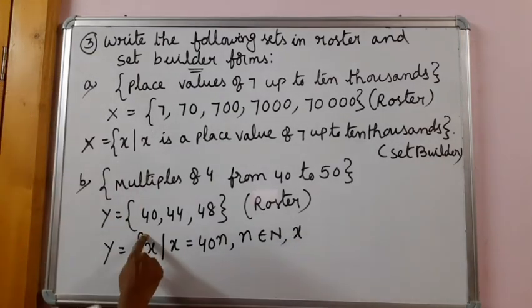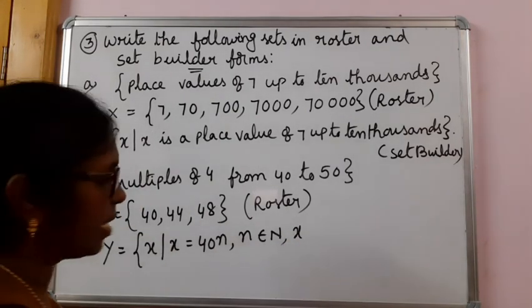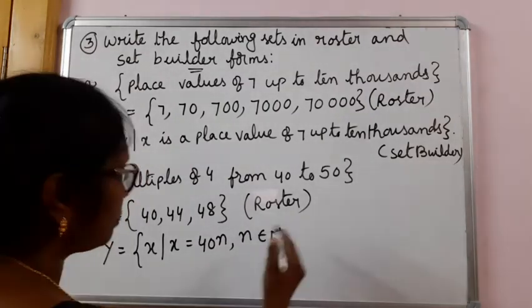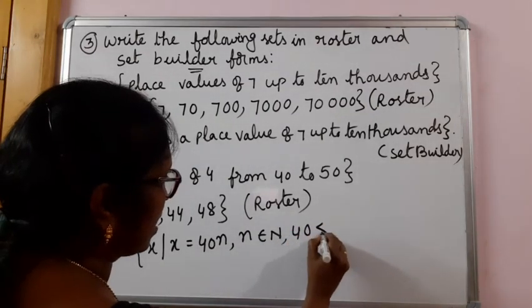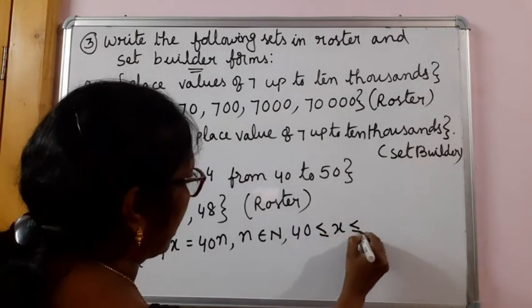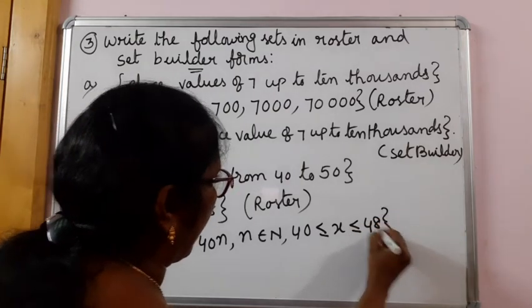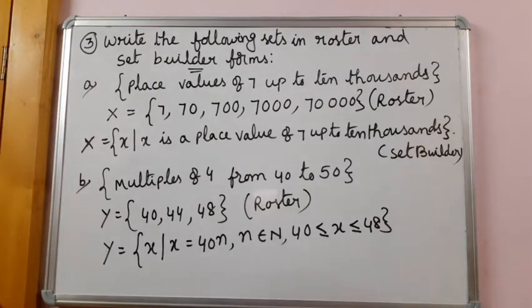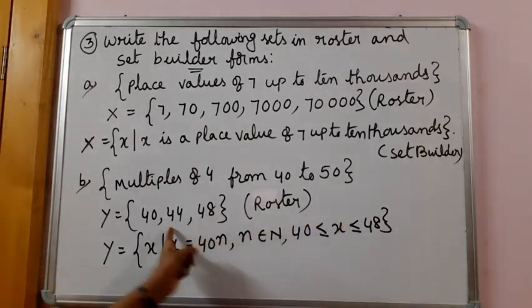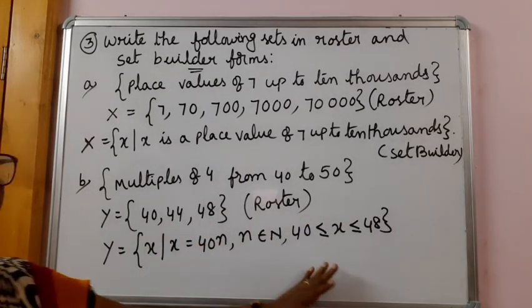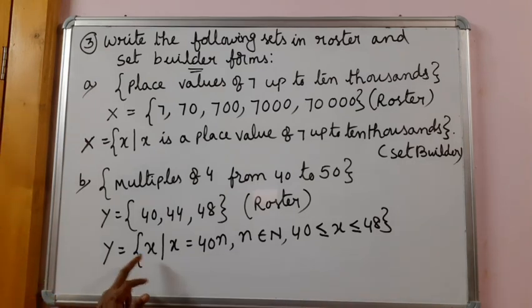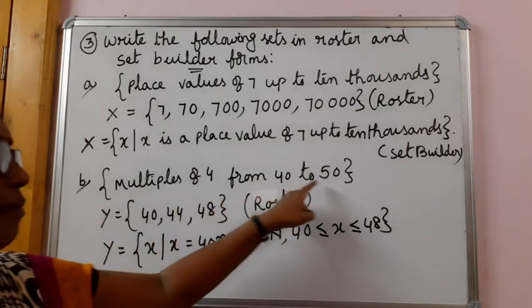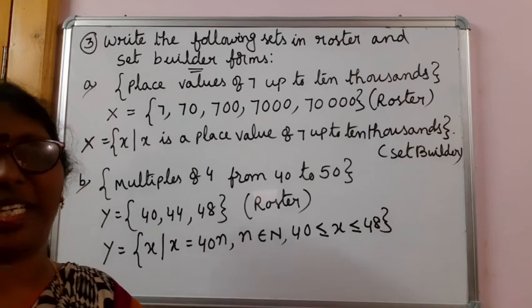Here it started from 40 and ends at 48. So we can write 40 is less than or equal to x, less than or equal to 48. That means 40 and 48 are included, and x is in between also. So different ways this one we can write. You can write x such that x is a multiple of 4 from 40 to 50 also can be written.